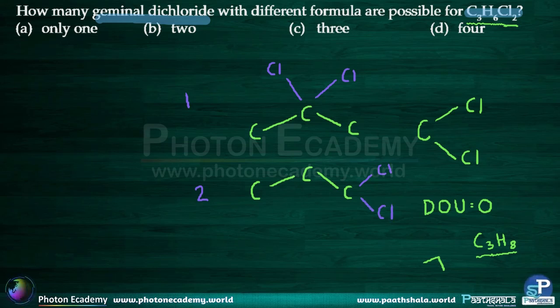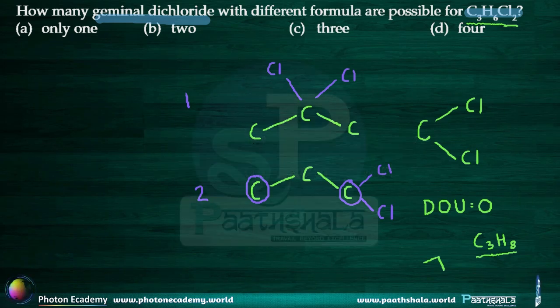So here the chlorine atoms are linked to the end of the carbon chain. They also could be linked to this carbon atom, but this is also the end of the chain, and both these things would give us the same organic compound, that is compound number 2. And when the chlorine atoms are linked to the middle carbon atom, that would give us compound 1.